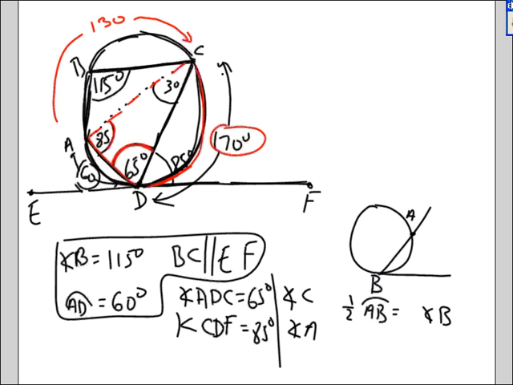And to make sure you're not making a mistake, 170 plus 60 is 230, plus 130 is 360, and those three arcs cover the whole entire circle.